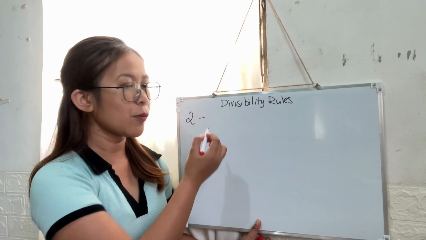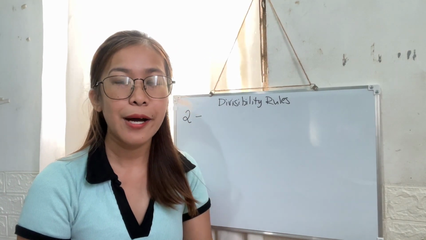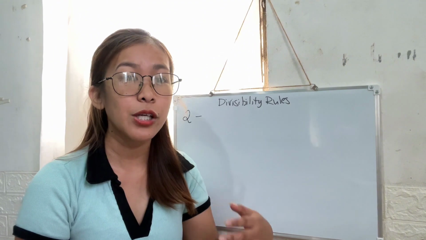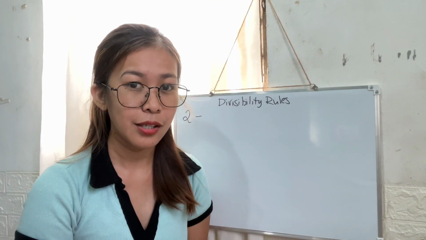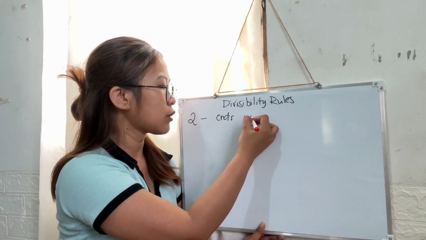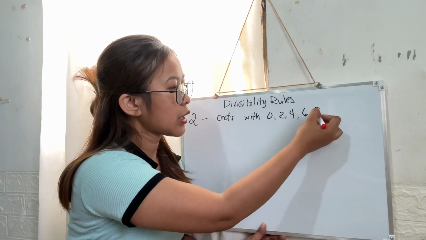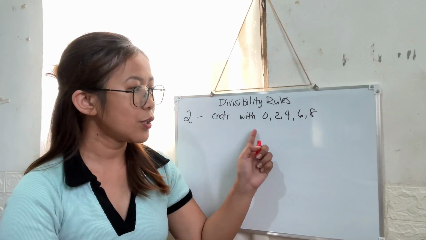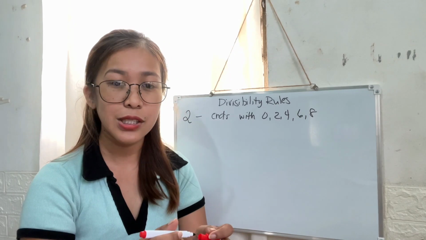Okay? So ano po yung divisibility rules for 2? Ano po yung rule para malaman natin kung ang number ay divisible by 2 or madi-divide ni 2 ng walang remainder? So, if it ends with 0, 2, 4, 6, or 8, then the number is divisible by 2.